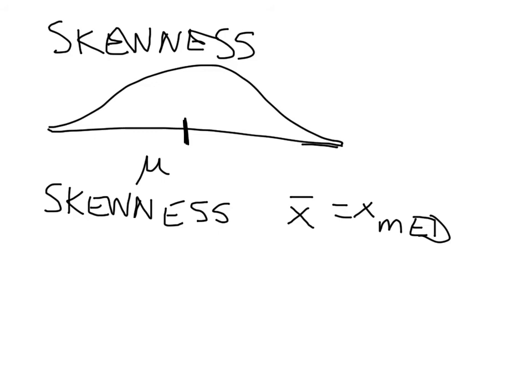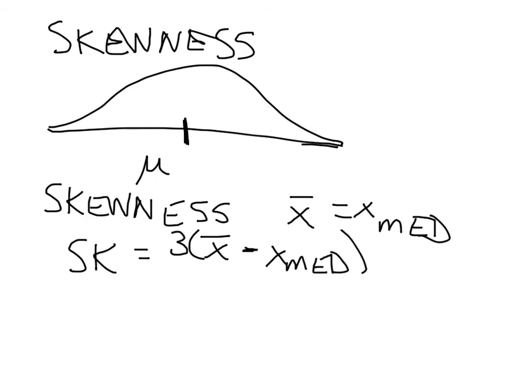When I get my measure of skewness, I'm comparing it against the normal curve itself. So let's look at the formula. If everything runs on the bell curve, then I'm going to have 3 times the mean minus the median over S, my standard deviation.